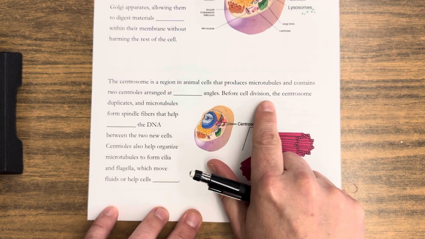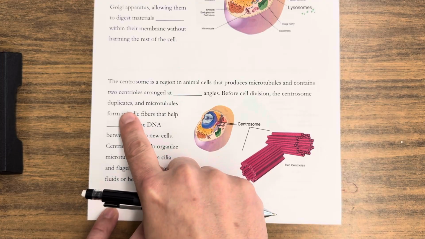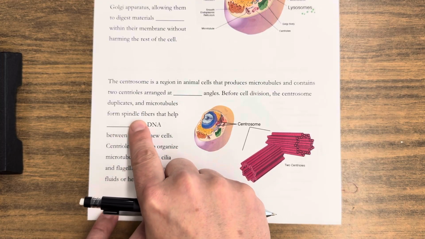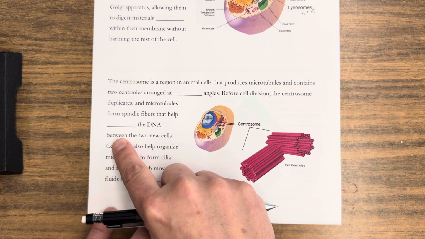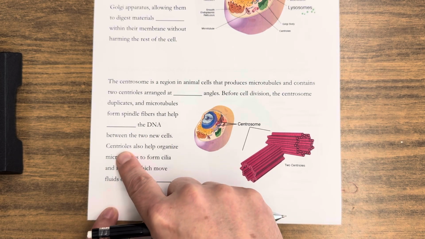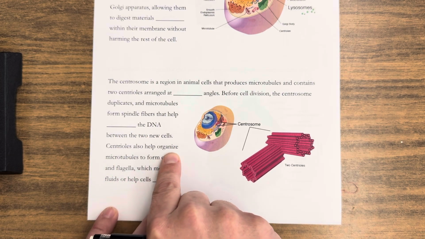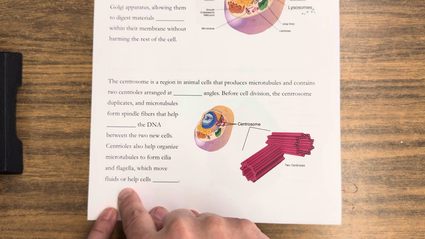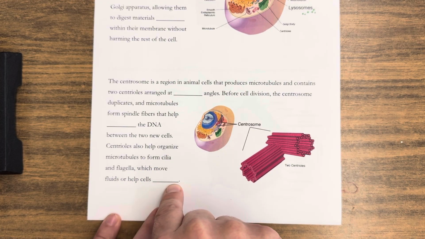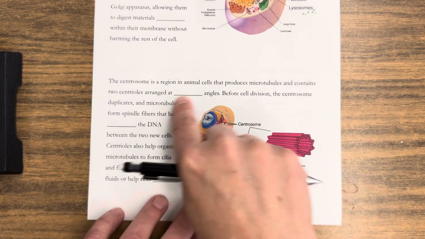Before cell division, the centrosome duplicates and microtubules form spindle fibers that help divide the DNA between two new cells. Centrioles also help organize microtubules to form cilia and flagella, which move fluids or help cells swim. The main purpose, though, is here.